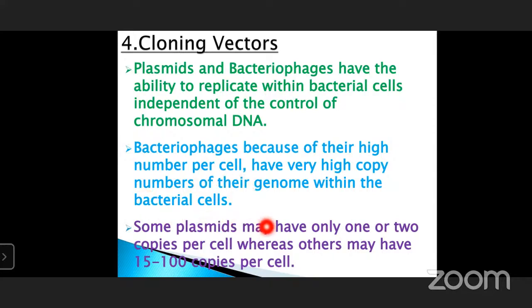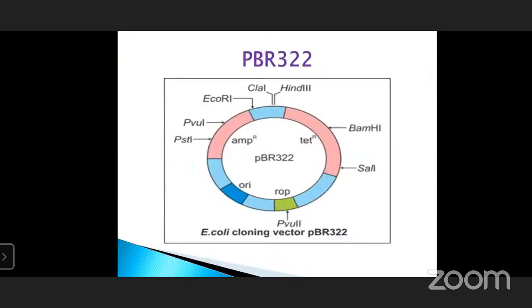Some plasmids may have only one or two copies per cell, whereas others may have 15 to 100 copies per cell. The number of plasmids present in the bacterial cell is called the copy number. This copy number varies from one bacterial cell to another.